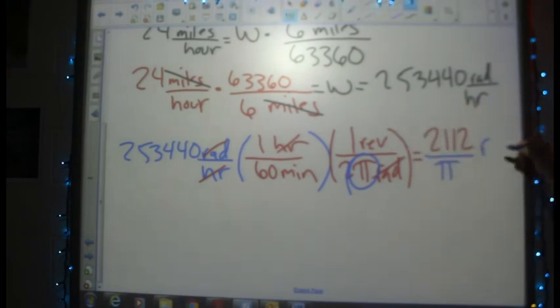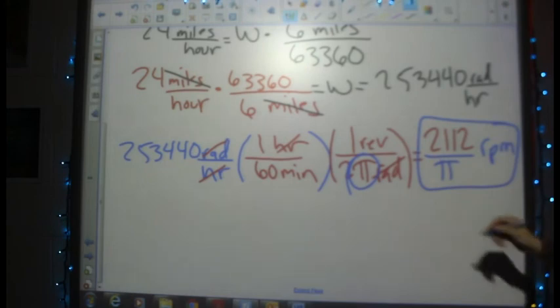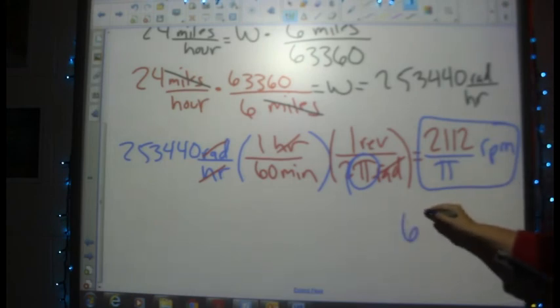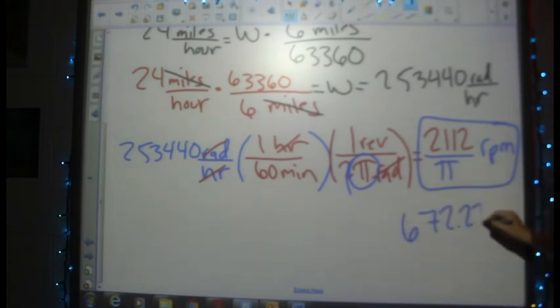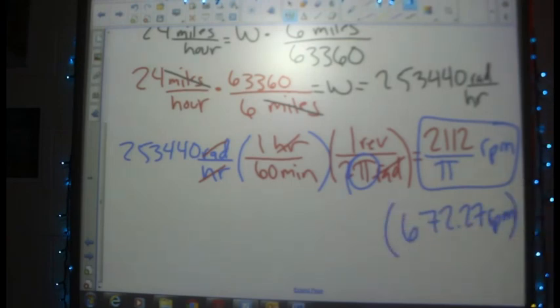So I have revolutions per minute or rotations per minute. This is my exact answer. If you prefer to divide through by pi and get the approximate answer, you can use 672.27 RPM. That would be the approximate answer, and that is okay too. Again, I prefer the exact answer, but it's up to you what you really want to do.